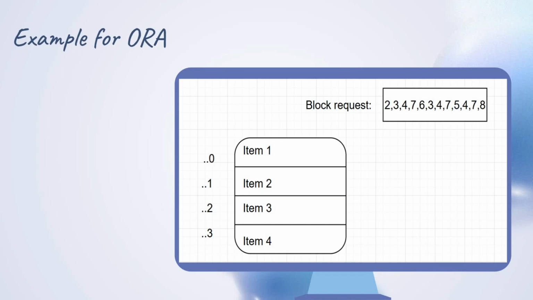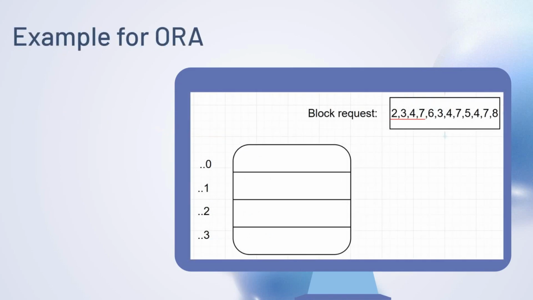So we will come to the example for the optimal replacement algorithm. Now we have a block request here, and we also have the main memory. In the main memory, we will have the page with 4 lines. Now let's come to the first 4 block requests, which are blocks 2, 3, 4, and 7.